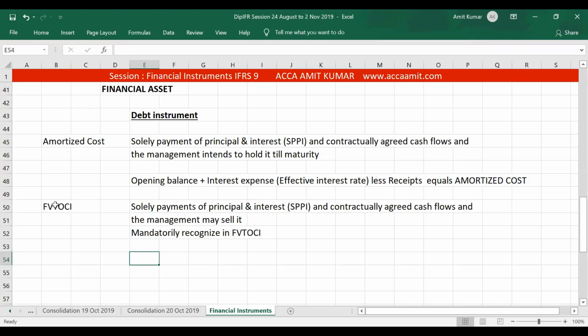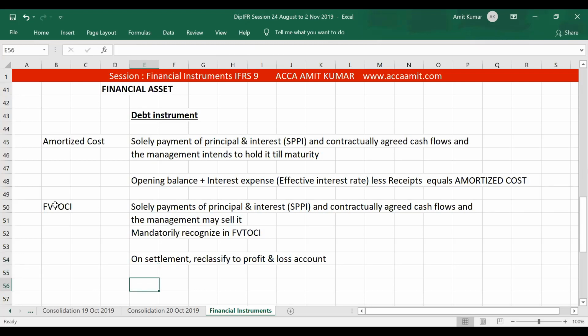Now this is a debt instrument, and if I settle it, and I've been parking this gain or loss in fair value through OCI, if I plan to settle it or sell it in future, can I reclassify it to P&L? On settlement, reclassify to the profit and loss account.